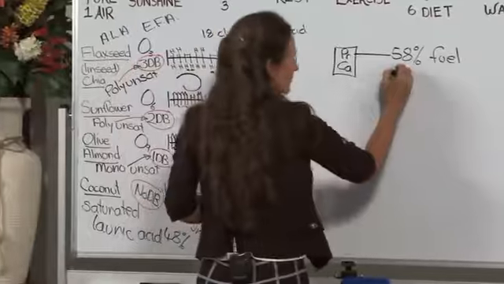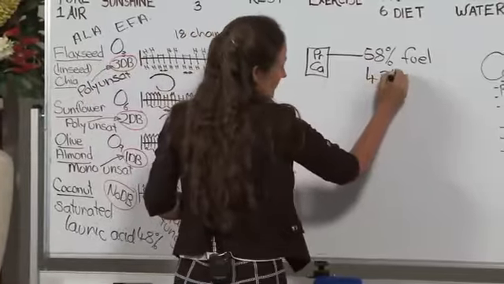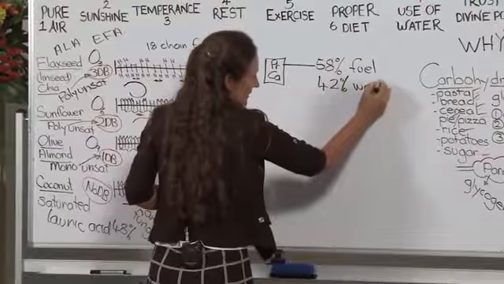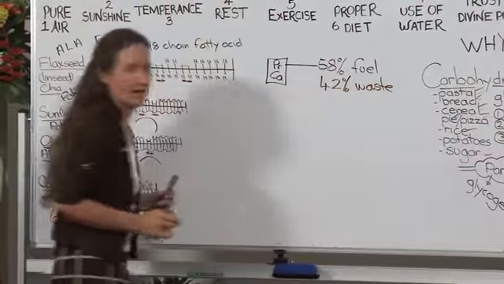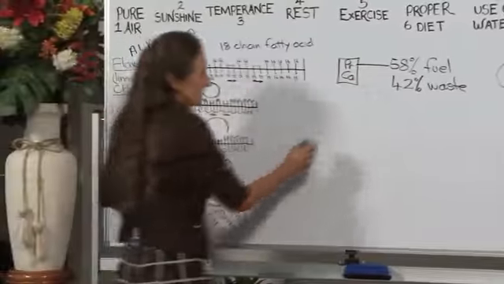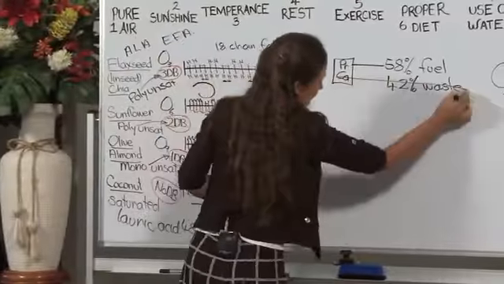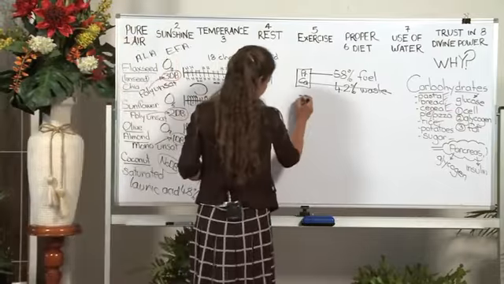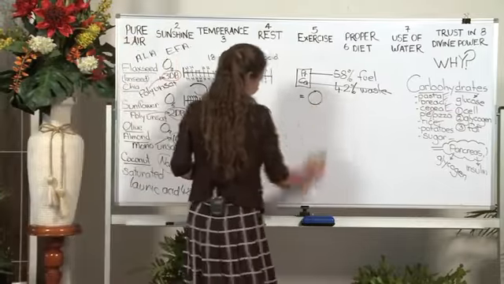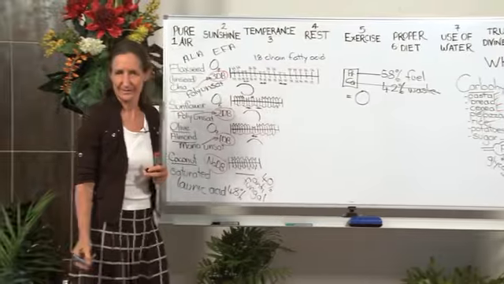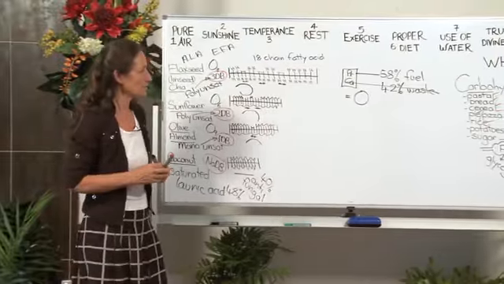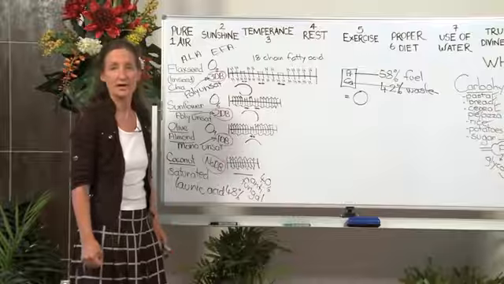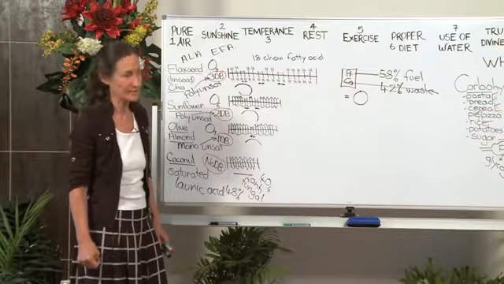So this 42% waste has to be neutralized or alkalized. And so the body uses the most alkaline mineral, which is calcium, to negate the sulfur residue. How much calcium is left for the human body? None. In fact, the countries in this world that are consuming the highest amounts of dairy products have the highest incidence of osteoporosis.